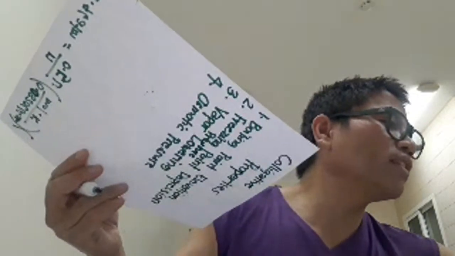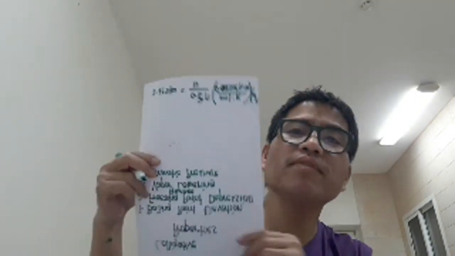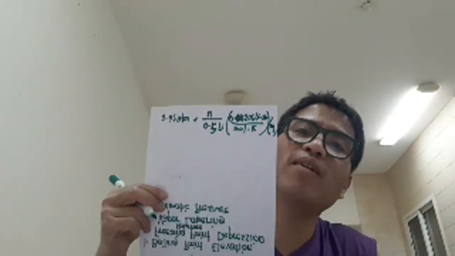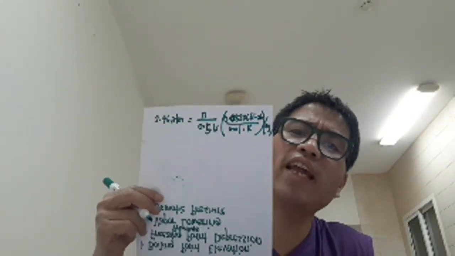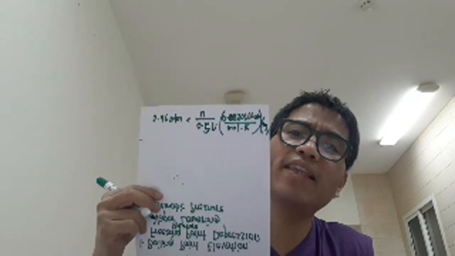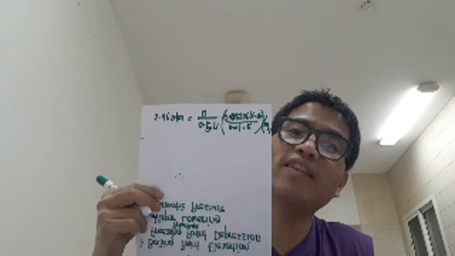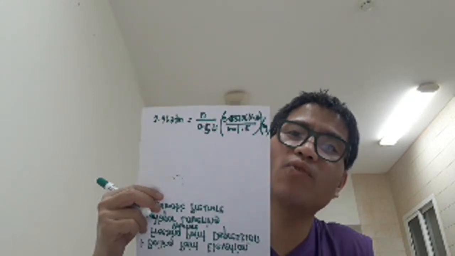We have 300 Kelvin. Yes, 300 Kelvin. So we simply substitute the values, and what remains is the number of moles. This is the number of moles, meaning our unit is mol, right?